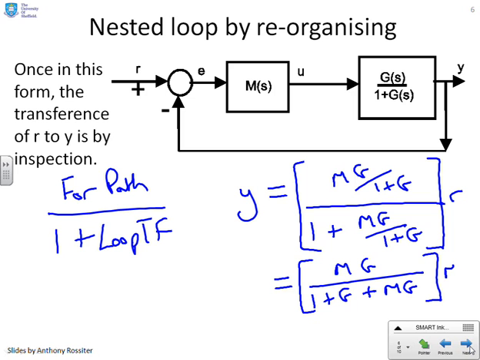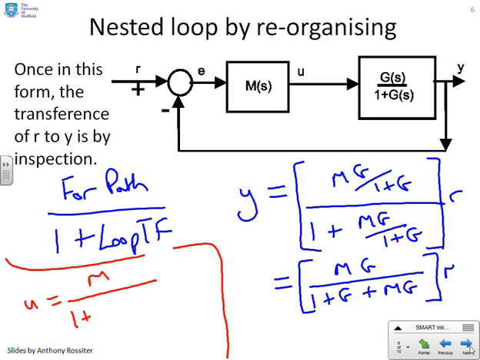Now just as an aside, because we've got just about enough space on this page, what happens if you wanted to find the transference from r to u? Well, I could use the same type of rule and I would get u equals m over 1 plus mg over 1 plus g, times r.